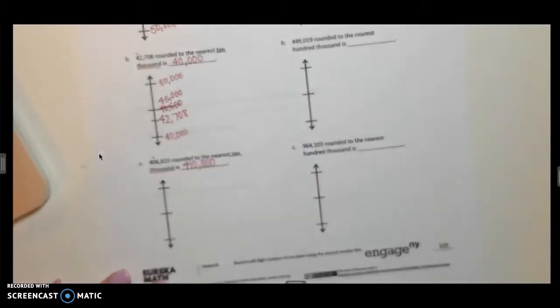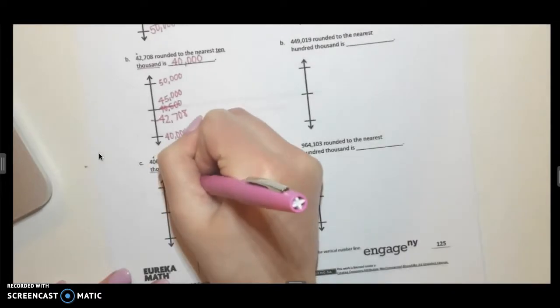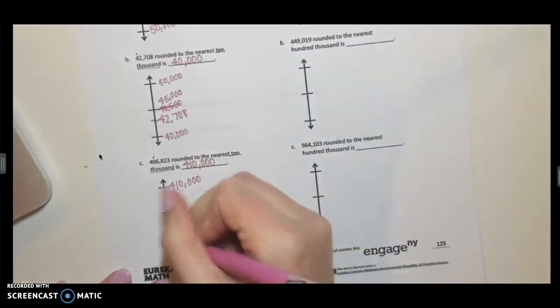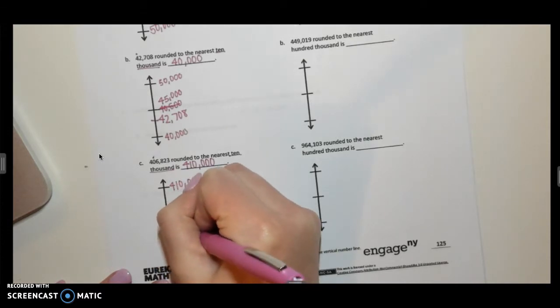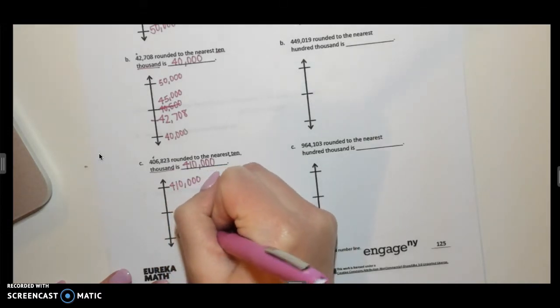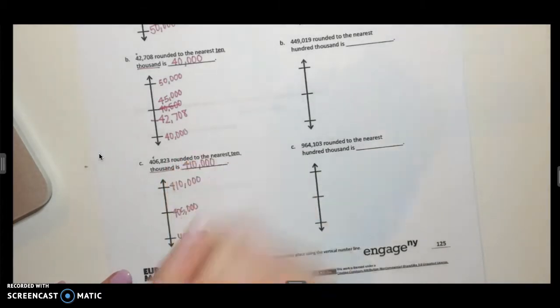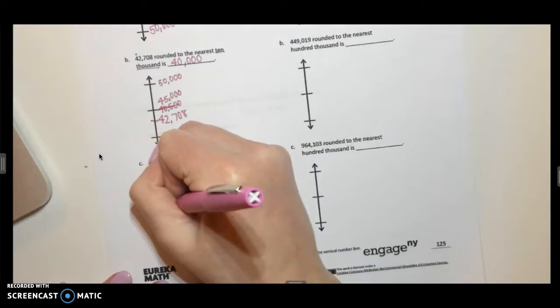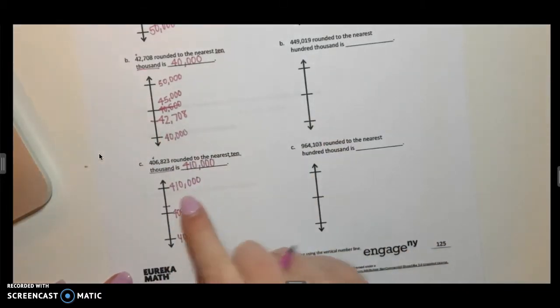And the reason being is the top would be 410,000. The bottom would be 400,000. And that middle would be 405,000. And it is right about here. So that tells us we go up to this 410,000.